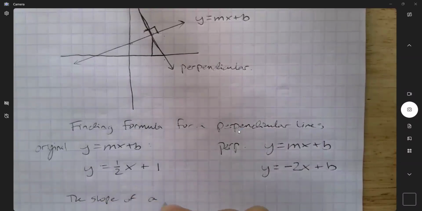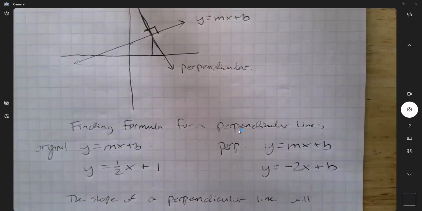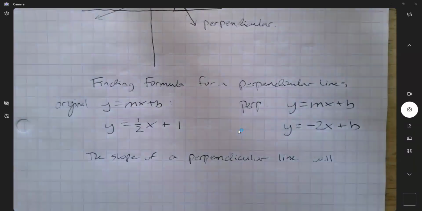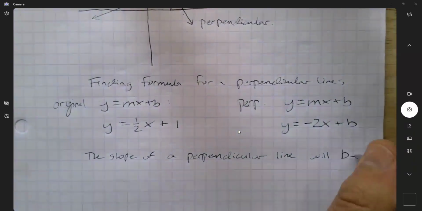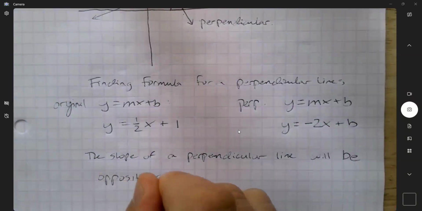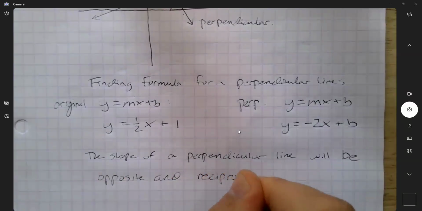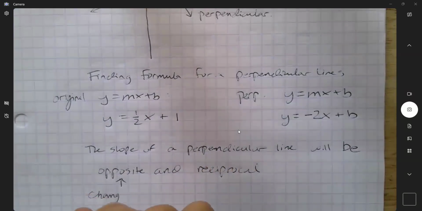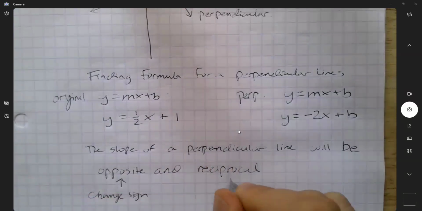The slope of a perpendicular line will be opposite and reciprocal. Opposite means change the sign. Reciprocal means flip upside down.